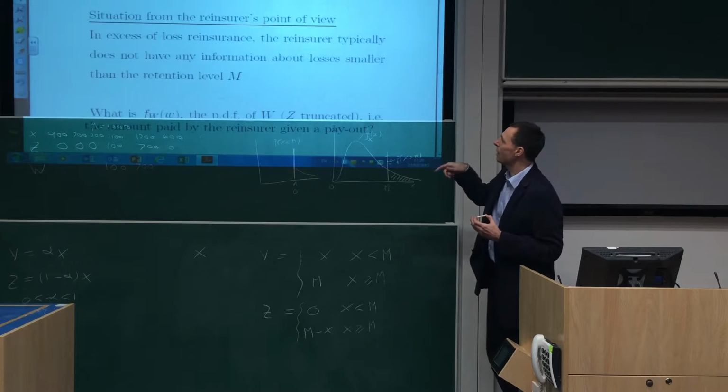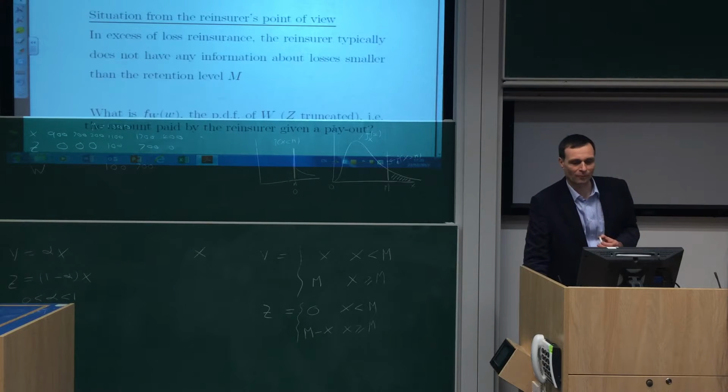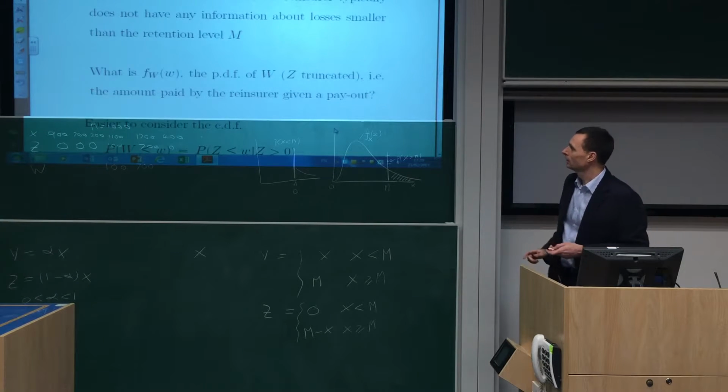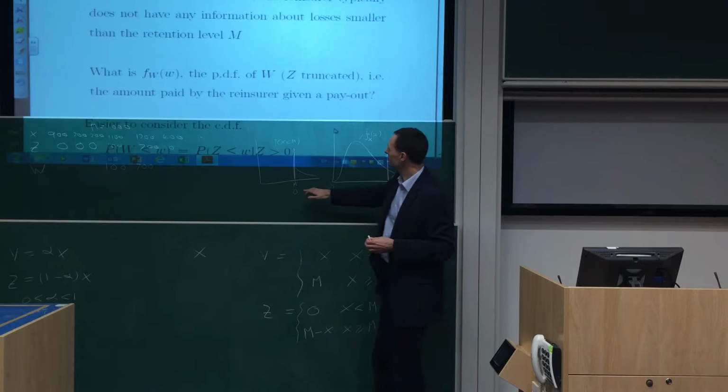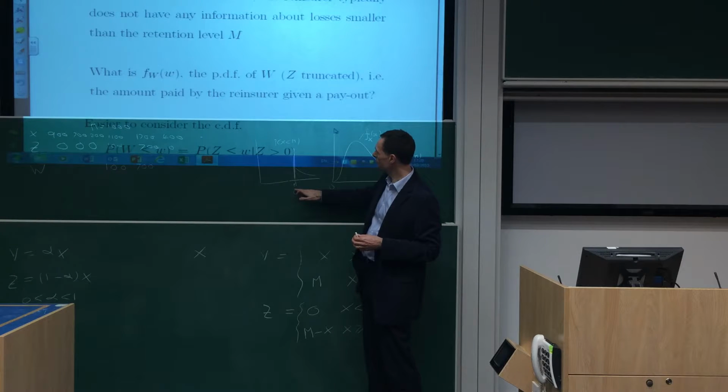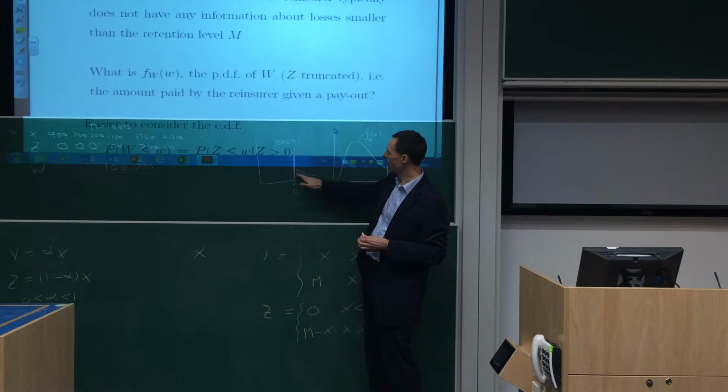Well, I'm going to derive that from first principles, but you can see that it's going to be a distribution related to this. They clearly pay out from 0 upwards. It's going to have this form, because they pay out more up here than here, but it's going to be renormalized so this integrates to 1.